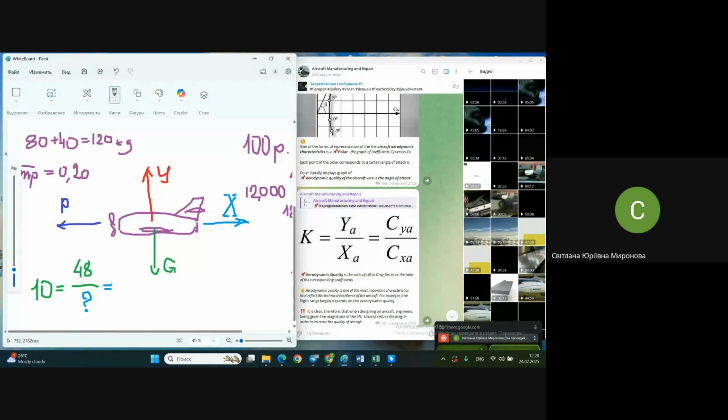What is this X, which is equal to thrust in horizontal flight, in case we understand that our assessed takeoff weight is 48 tons, and that the quality of the airplane we will provide is around 10?